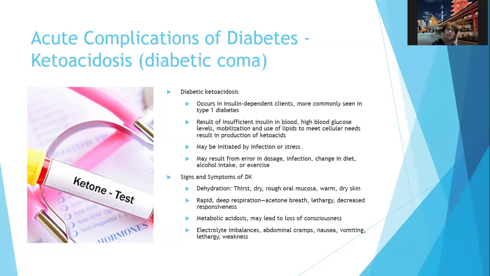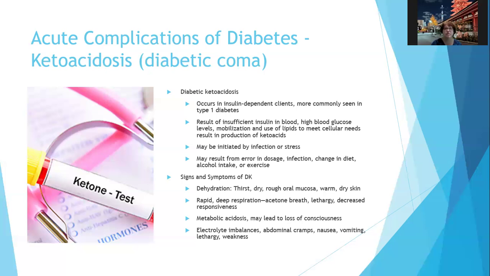It's often initiated by infection or stress. It could also result from an error in dosage, a change in diet, alcohol intake, or exercise. So if somebody has an unusually large meal, like at Thanksgiving, that could set off diabetic ketoacidosis.